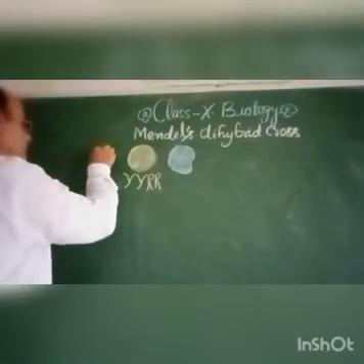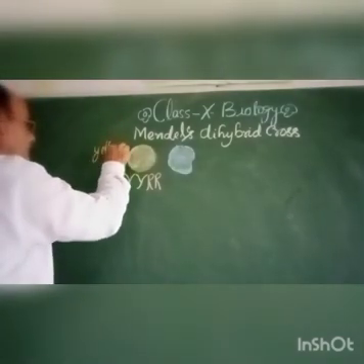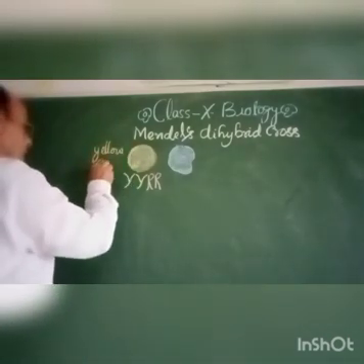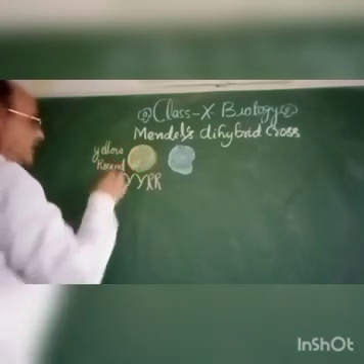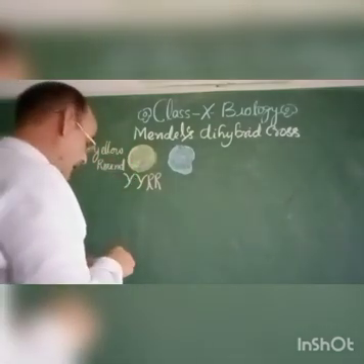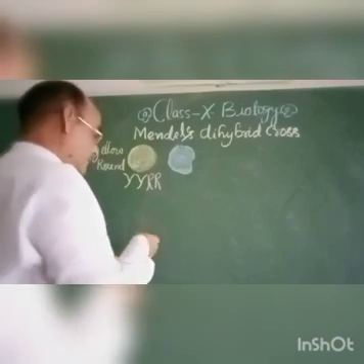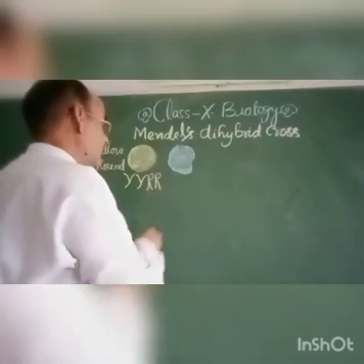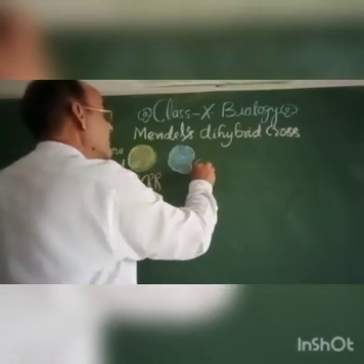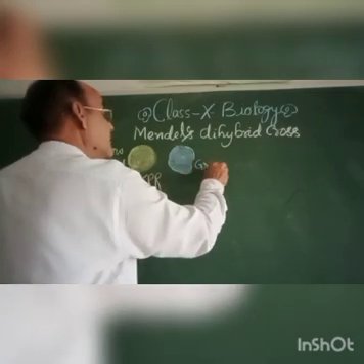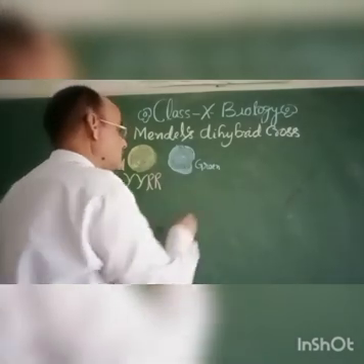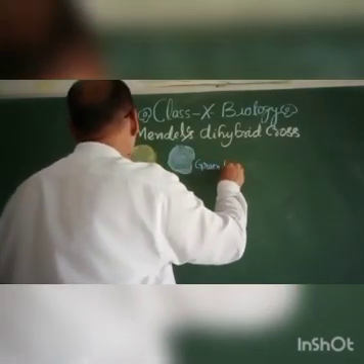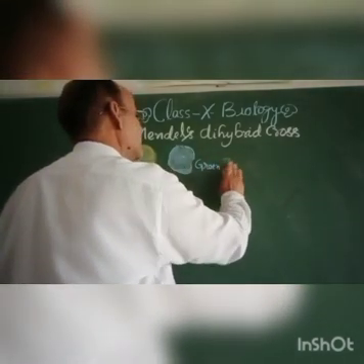In one seed there is yellow and round, and the other is green and wrinkled.